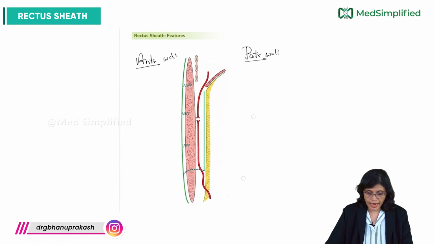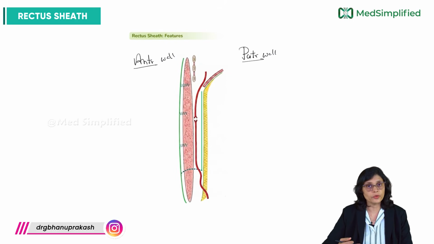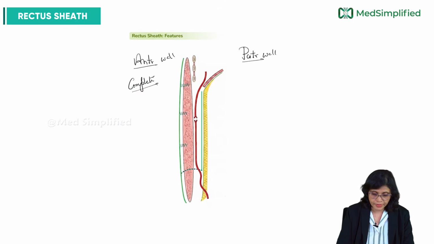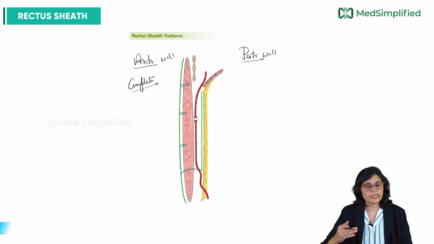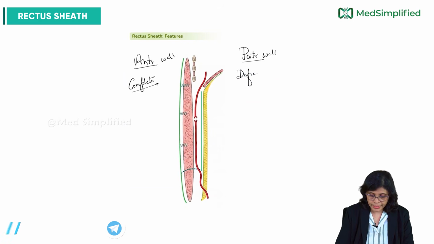The anterior wall is complete along the entire length of the muscle. Whereas the posterior wall is deficient at two places. One is above.